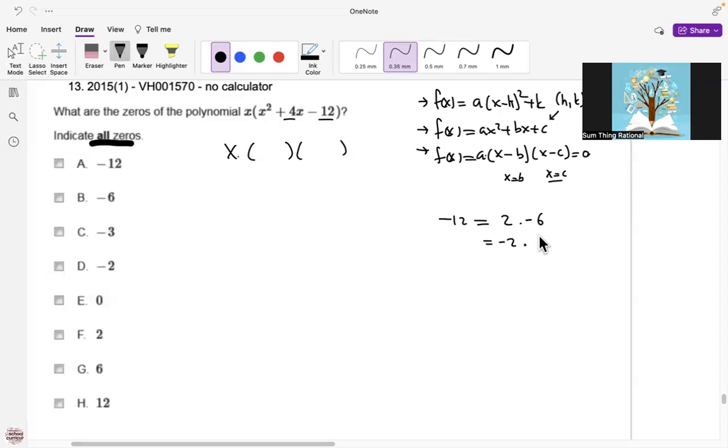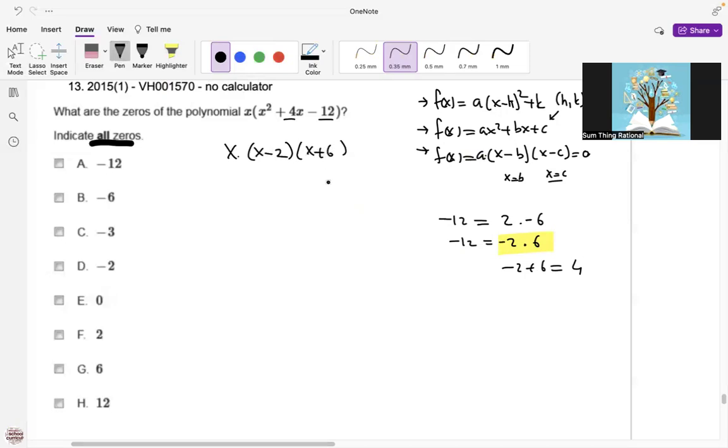Negative 2 and positive 6: the multiplication is also negative 12, and the addition is positive 4. So you can write it as x minus 2 and x plus 6.